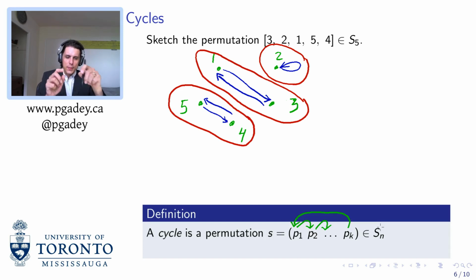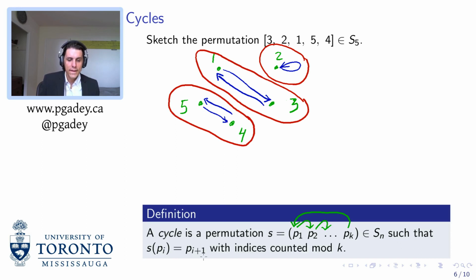So the cycle closes up in the end. All right, so this is a permutation in Sn such that S of Pi gets sent to Pi plus 1 with indices counted modulo k, right? So we sort of wrap around at the end.